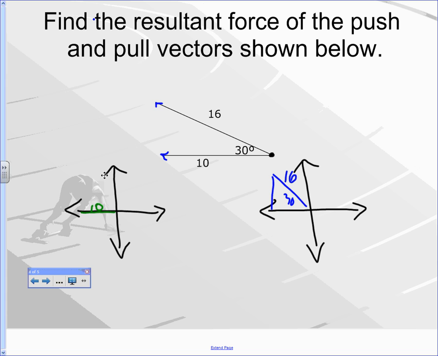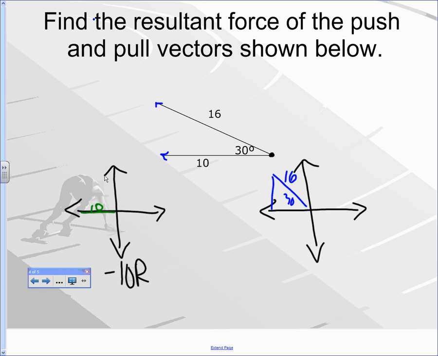Okay. So, look in here. Do we have an actual triangle? No. We don't need a triangle. How far right do we go? Do we go any up or down? So do you need the 0? Because it has an angle.